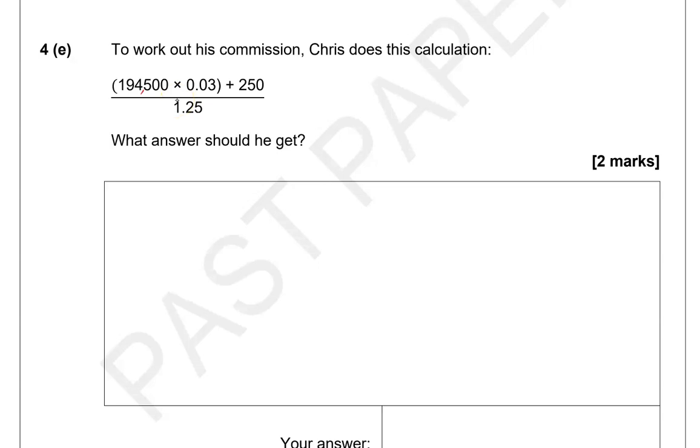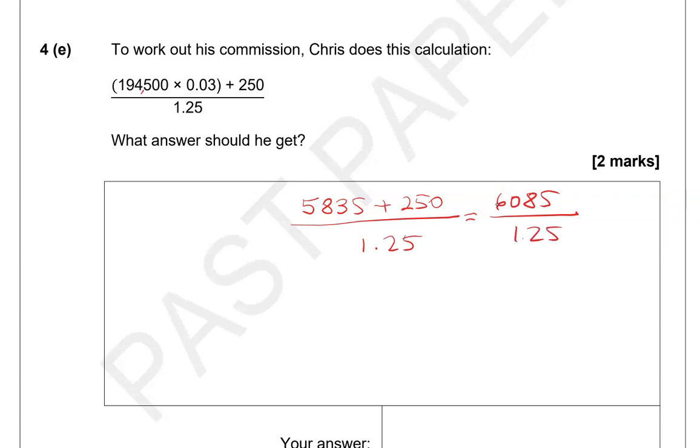So you're going to multiply 194,500 by 0.03, and that gives you 5,835, and then you can add to that 250, then divide by 1.25. And the final answer is 4,868.